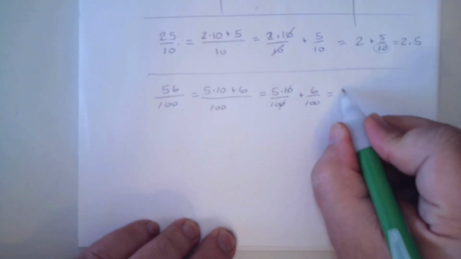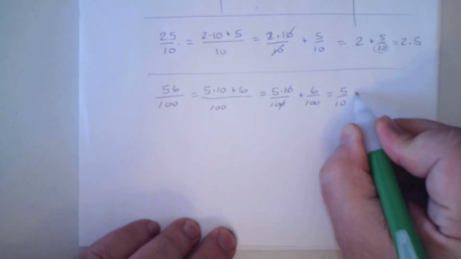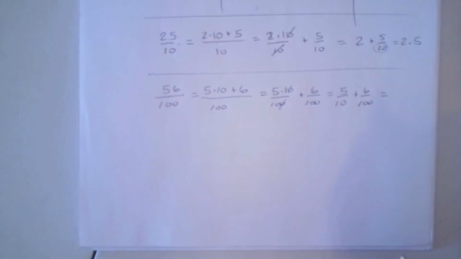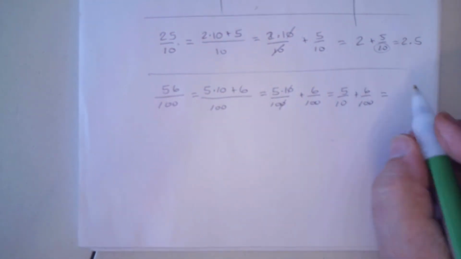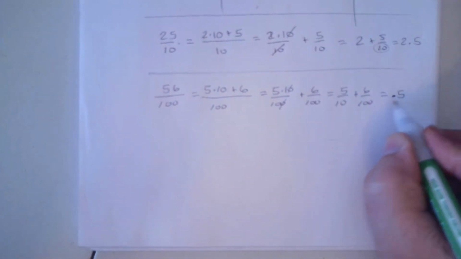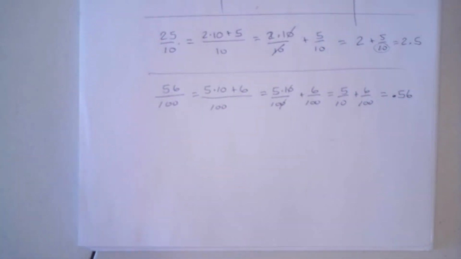Cancel one of the zeros, so we have 5 over 10 plus 6 over 100 equals, this is a denominator, which is a decimal there, the first location, the second location.